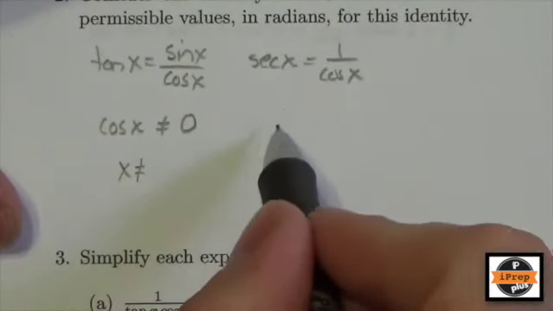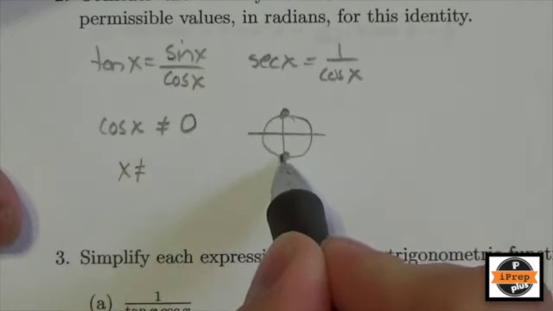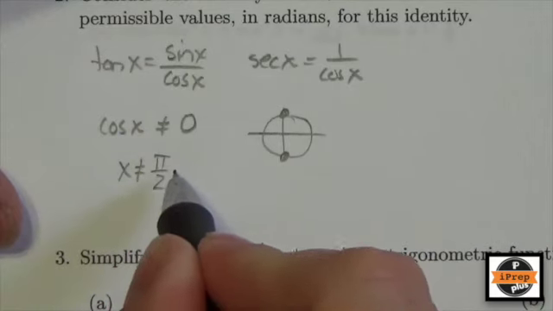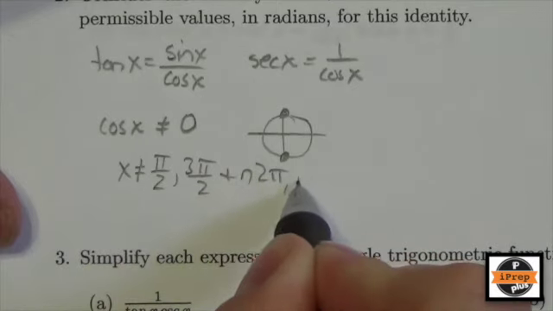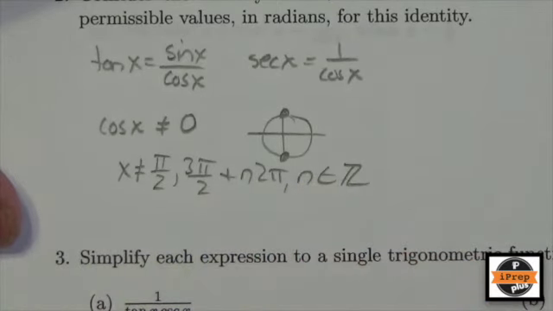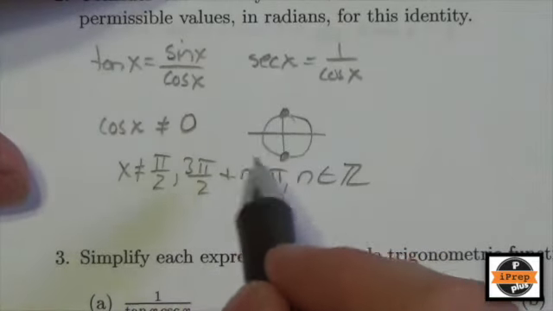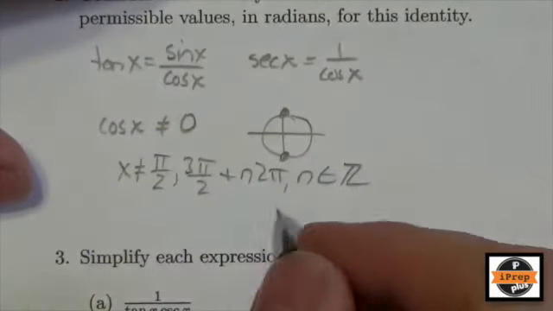If you wrap this around, it's going to correspond to pi over 2 and 3 pi over 2. So x cannot equal pi over 2 or 3 pi over 2 plus n 2 pi, where n is an element of the integers. Any whole number of rotations away from those two points is going to leave me right smack dab in that same position, so I don't want that.